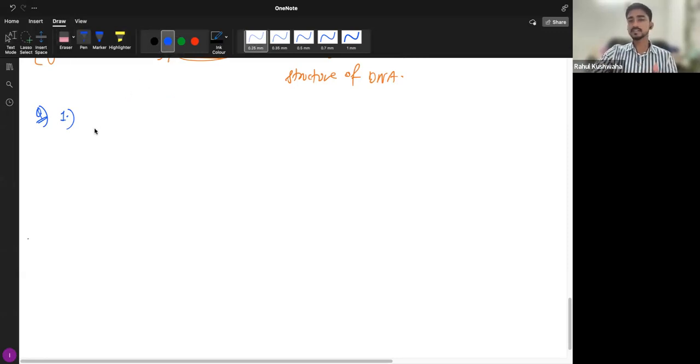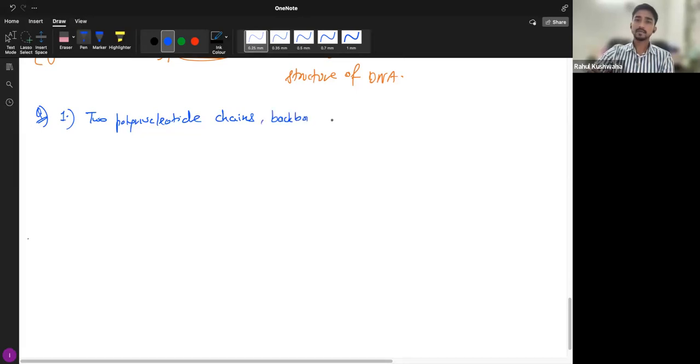So the first salient feature that Watson and Crick told the world about is that DNA is made up of two polynucleotide chains, where the backbone is sugar and phosphate.